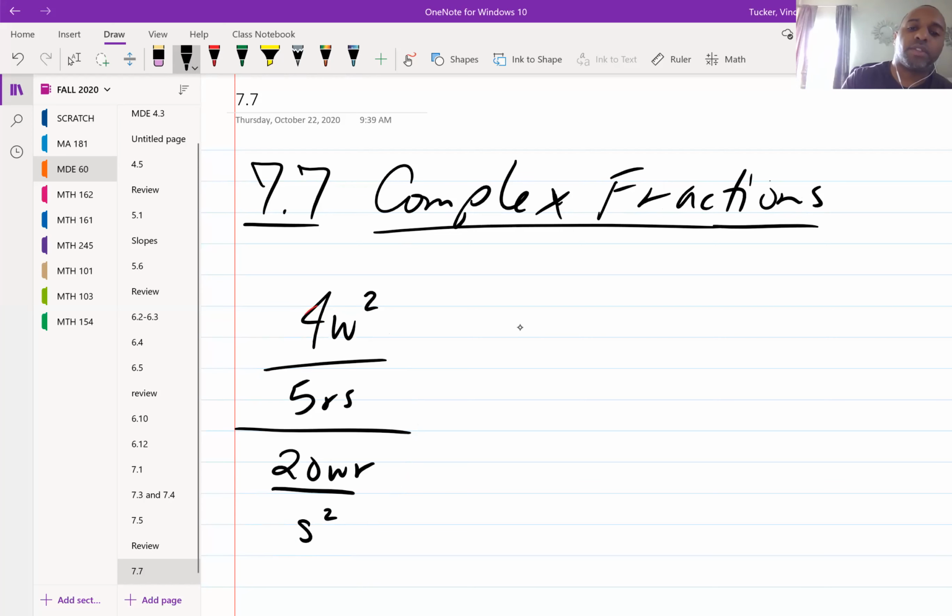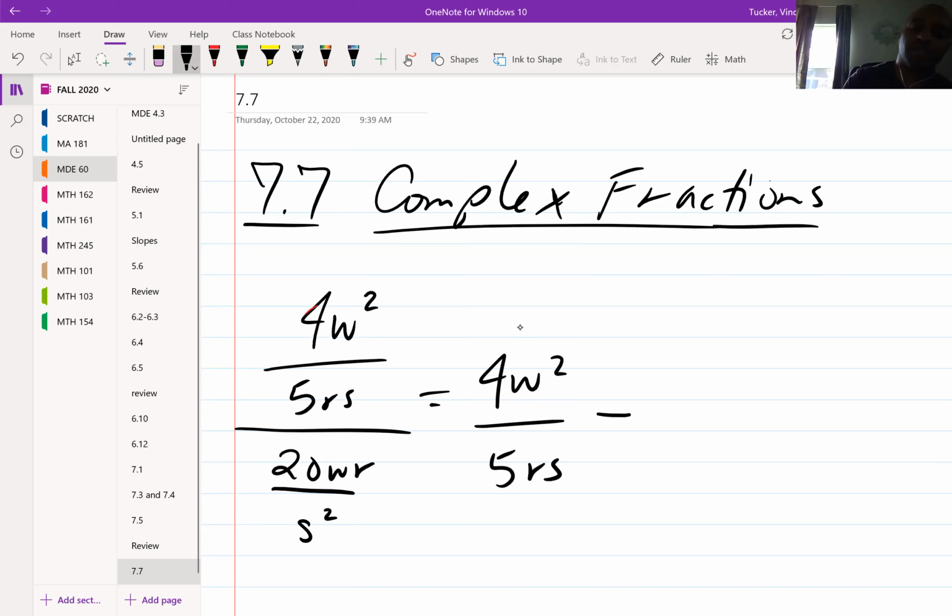So what we can do, whenever you have one whole fraction over one whole fraction, you can change it to multiplication by recognizing we have the irregular division problem.